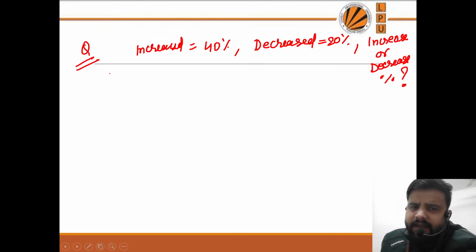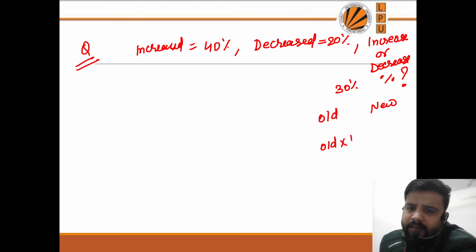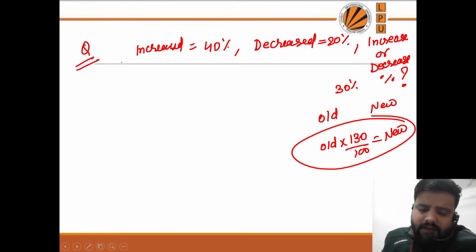Now in the previous one, when I was teaching you increase and decrease from old value to new value, if the increase was 30%, what were you doing? You were writing old multiplied by 130 by 100, which gives you the new value, isn't it? So here also we will apply the same logic. Here the increase is 40%.